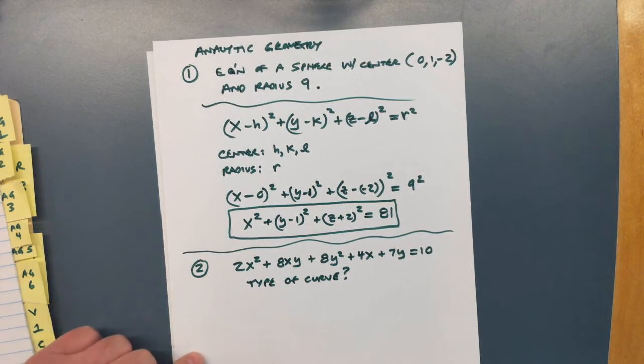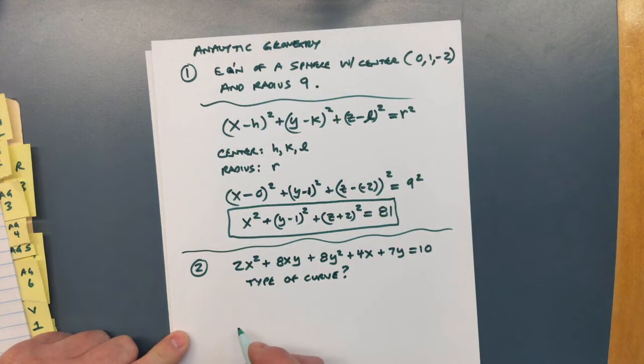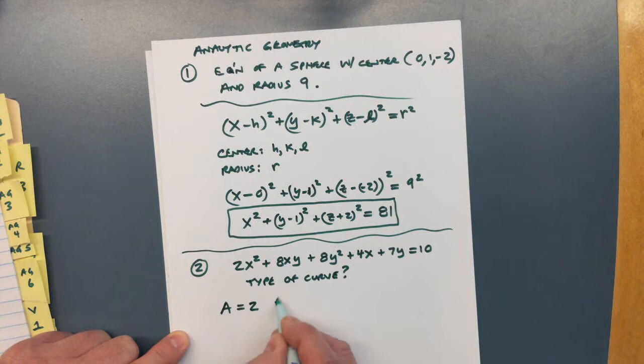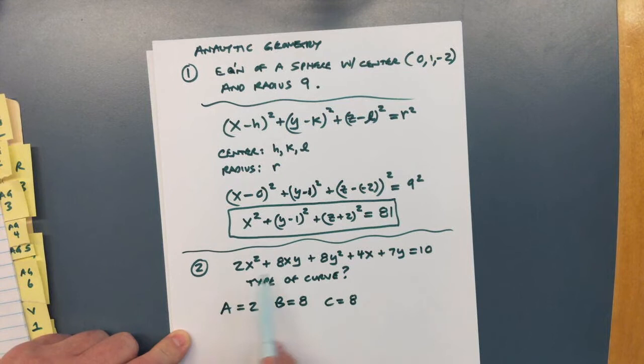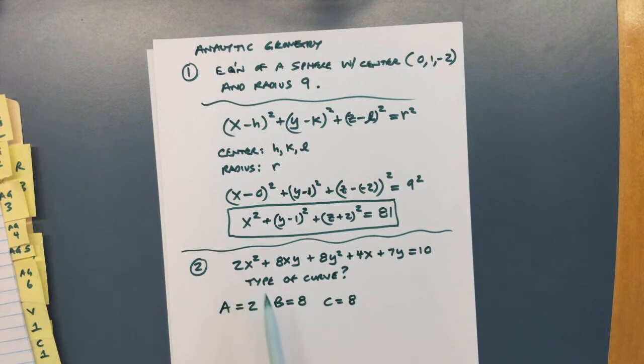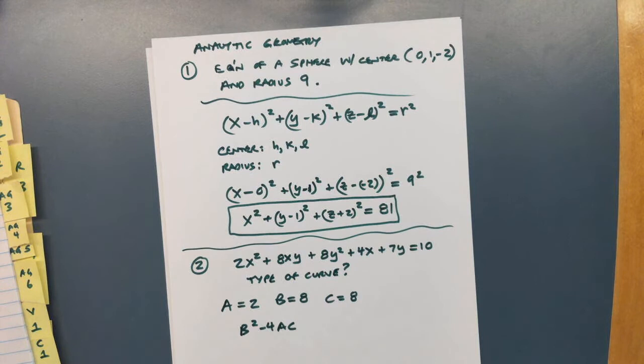and so looking at the general equation of a conic section, you identify that A is 2, B is 8, and C is 8, which are these first three coefficients. So the general equation being ax squared plus bxy plus cy squared, and so on. With those three coefficients, we calculate this discriminant, which discriminates between the different types of curves.